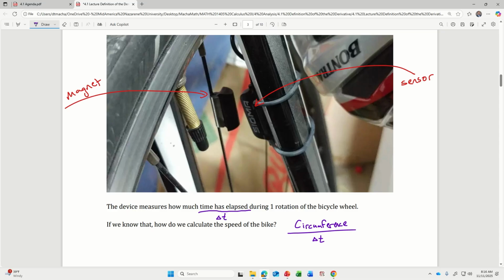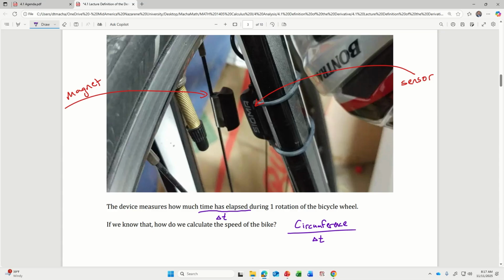And so for my practical purposes, that is the instantaneous velocity. The wheel is making a full rotation so quickly whenever I'm on the highway riding my bike that I don't really care to have any finer resolution in my velocity, right?